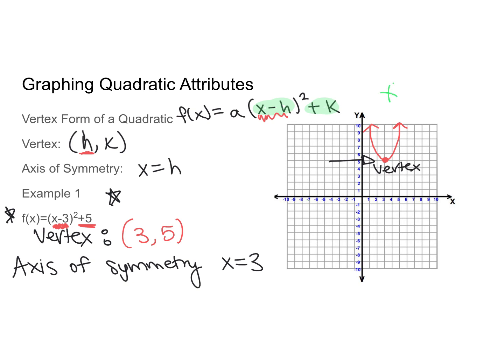So x equals 3, if I draw this on my graph, you can see that that cuts my graph in half. And that quadratic could be folded on top of itself. So the axis of symmetry is the vertical line that cuts your parabola in half. We call it the vertical line of symmetry.